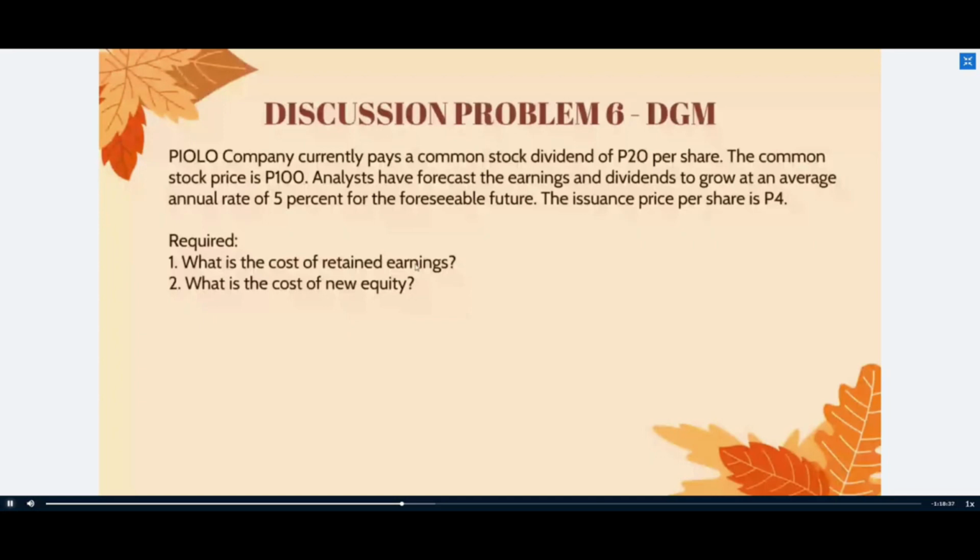The common stock price is 100 pesos. Analysts have forecast the earnings and dividends to grow at an average annual rate of 5% for the foreseeable future. The issuance price per share is 4 pesos. The requirements are number 1, what is the cost of retained earnings? And number 2, what is the cost of new equity?